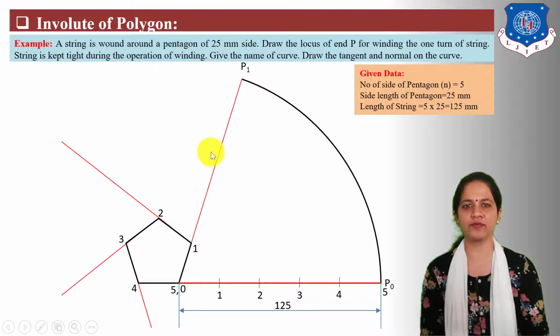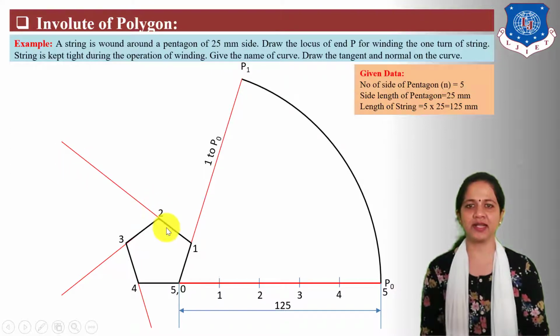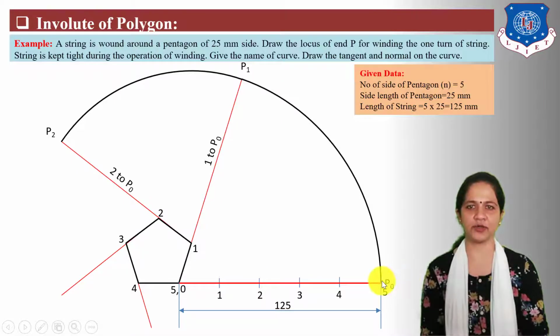The length of 1P1 string is equal to 1P0. Next for P2 locus point, take center 1 of the pentagon, radius 1P1 and draw an arc up to the 2 position of string and mark here P2 locus point. Here the length of 2P2 is equal to 2P0.